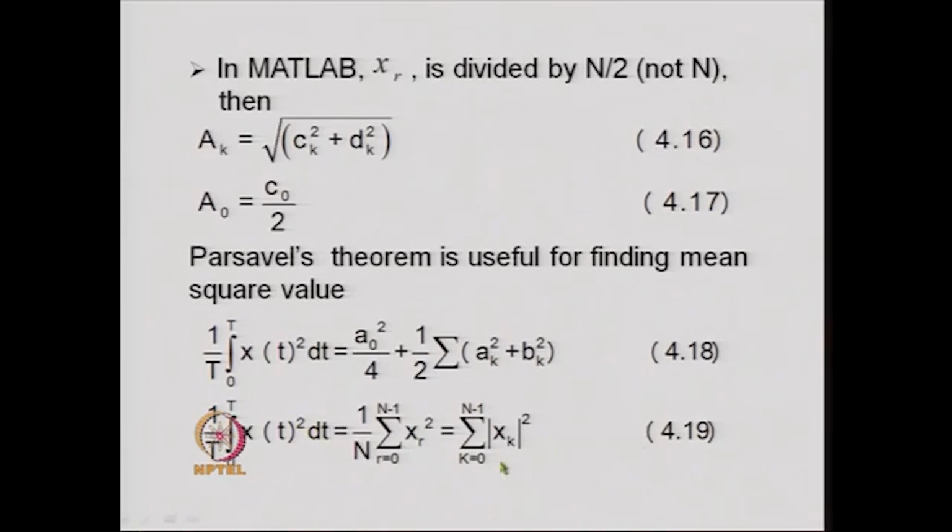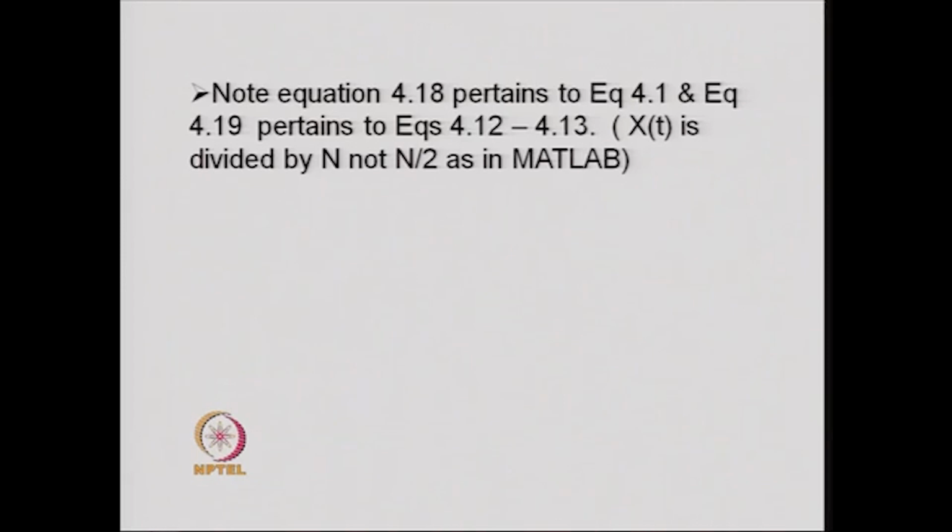That can be shown to be equal to the sum of the absolute value squared of the complex quantities that we get after we obtain an FFT of a time history. If they are added together, then we get the same mean square value. So, that is what Parseval's theorem is, and how from that we obtain the power spectral density function, that we also discussed before.